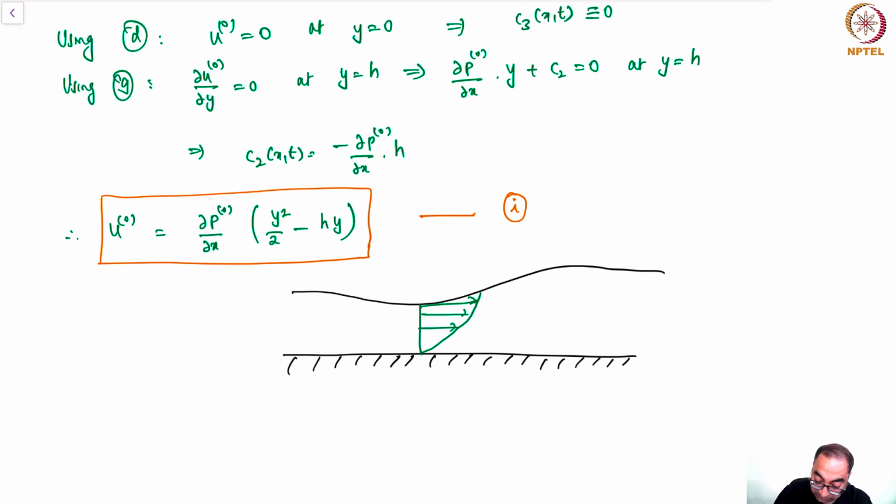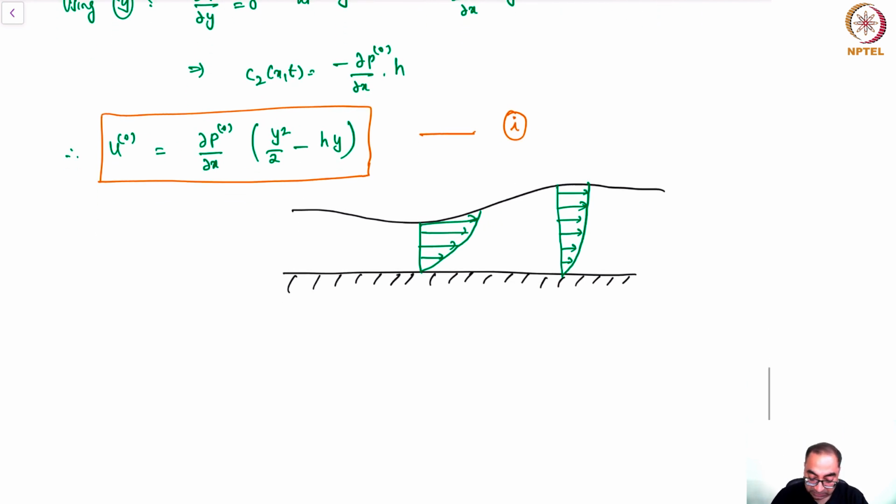Of course, this is an exaggerated view, but where the thickness is less, the velocities are higher, and where the thickness is more, the velocity is of a lesser magnitude because it's extending over a larger height. That's my velocity profile.